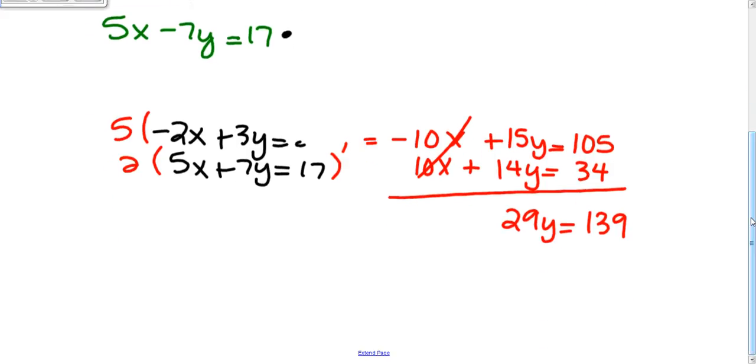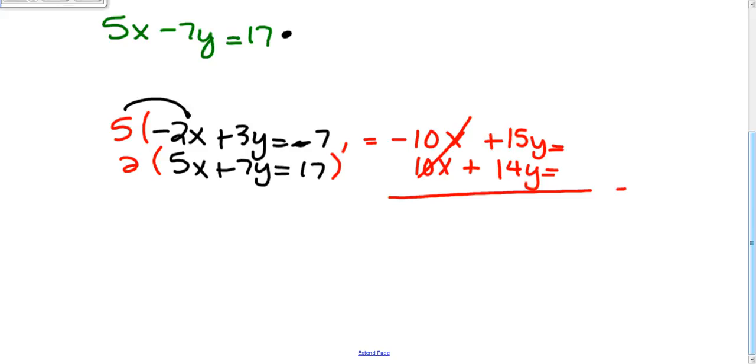Then right here should be -7. Okay, and right here, sorry, let's fix this. Right here, I have -10x, and then 5 times 3y is 15y, 5 times 7 should be -35.